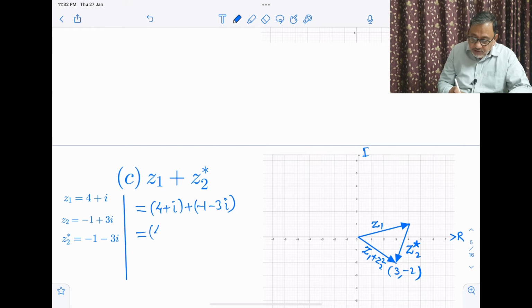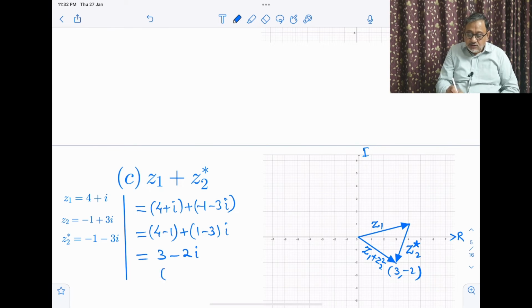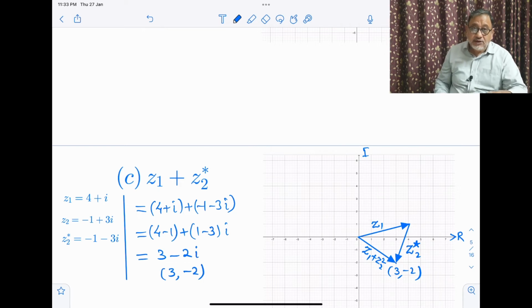So I'll write real parts together plus the imaginary parts together. Look here, 4 and minus 1, both the real parts. Then from the imaginary parts, 1 is here and minus 3 is here. So 4 minus 1 is 3, and 1 minus 3 is negative 2i. So look here, this is the point 3 comma minus 2. Okay, so I hope you understood this, right?